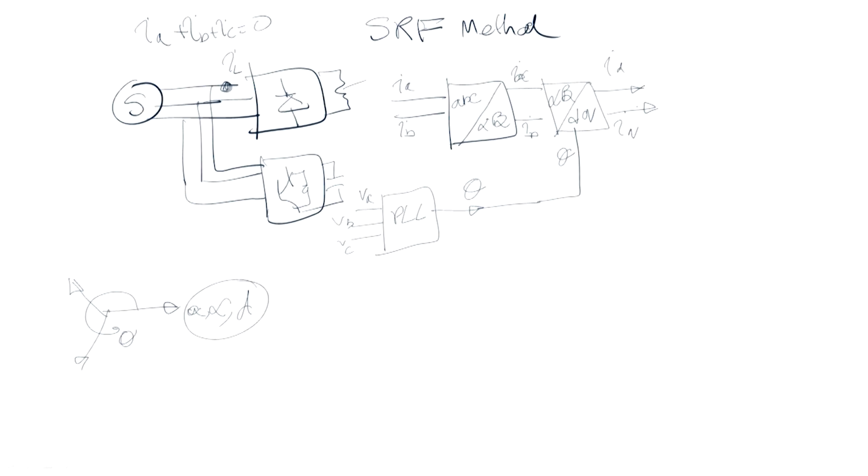Once you get Id and Iq, you know the harmonic content of IL. I assume that the 0 component, the DC component, is not there because it comes from the quantization error mainly. So, plus Iq plus you have the harmonics.